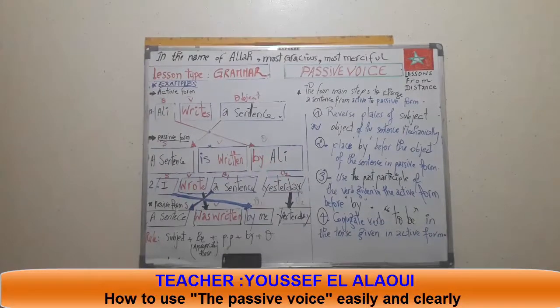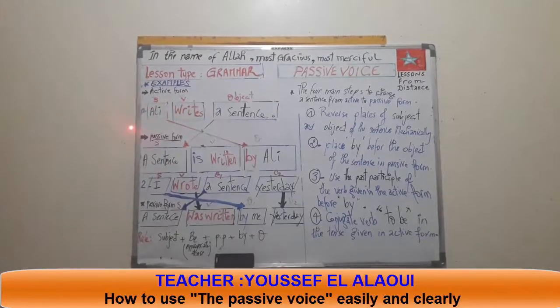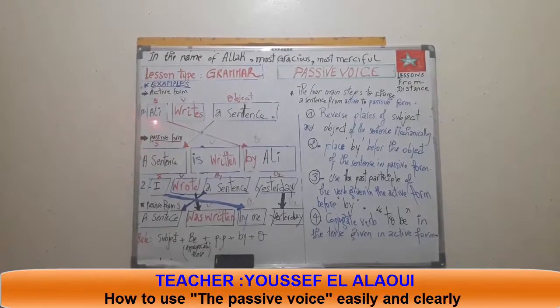Then we come to introduce the difference between active and passive form. And we say an active form is the situation when the person or the thing indicated by the subject of the sentence is the doer or performer of the action.